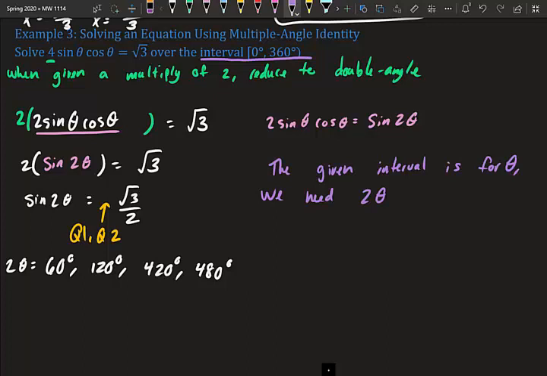The interval we're given is 0 ≤ x ≤ 360. So what do you think we're going to multiply by? By 2. So our new interval is 0 ≤ x ≤ 720. That means we need to keep going in quadrant 1 and quadrant 2 until we are below or up to 720. If it's a 720, remember that's 2 rotations. That's why we have 4 answers.